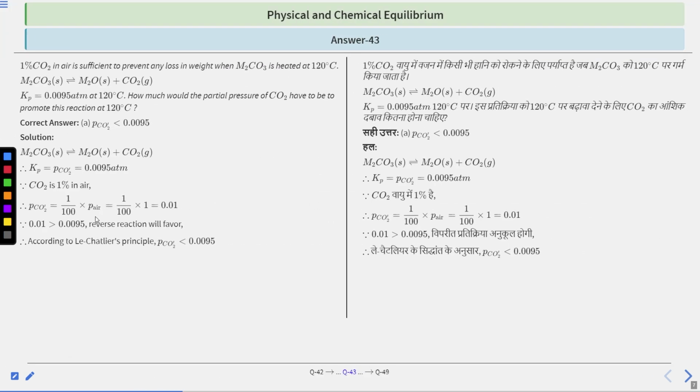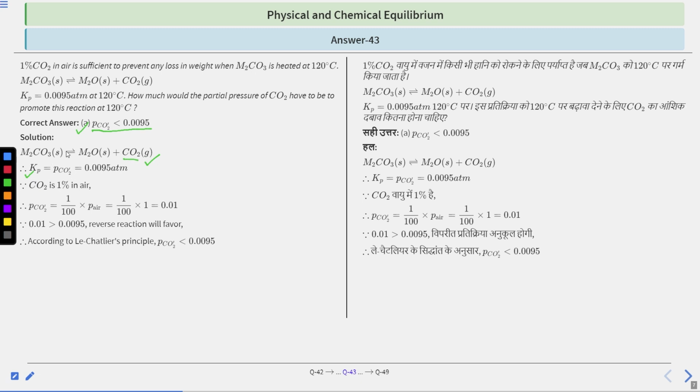Okay, so our correct answer is option A, that the partial pressure of CO2 should be less than 0.0095. We have been given the reaction M2CO3 giving us M2 and CO2. Now, if we want to calculate the Kp for this reaction, that is the pressure equilibrium constant, it will be the partial pressure of CO2 only, because only CO2 is in gaseous form.